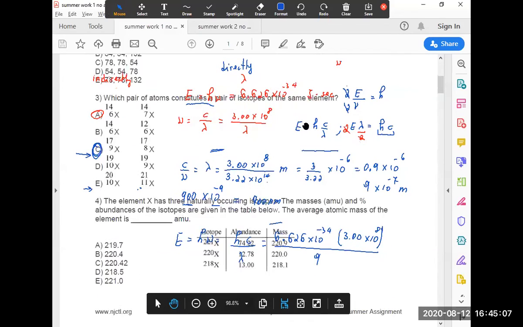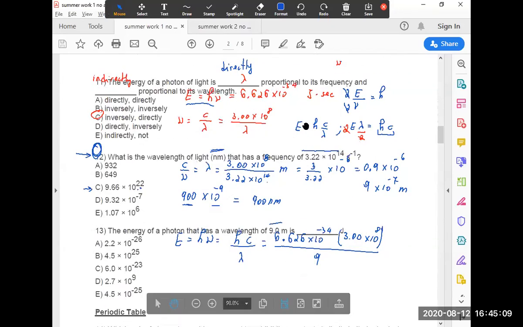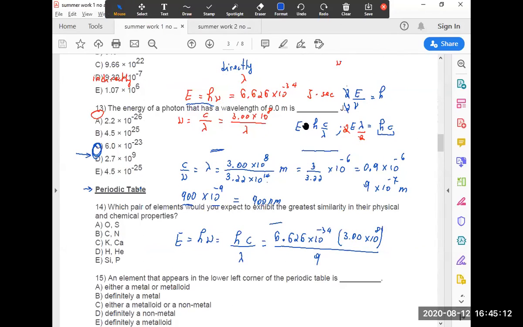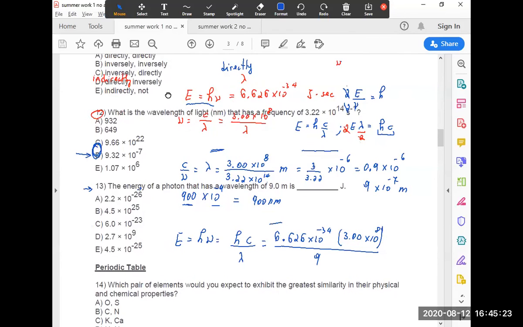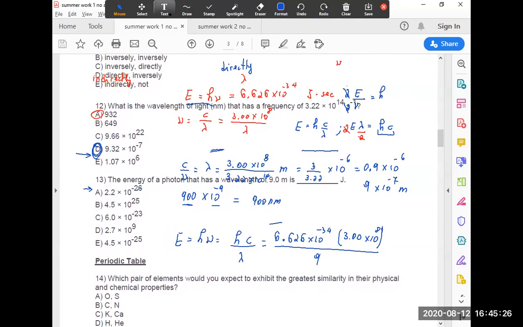No calculator permitted, right? Okay, so let's see what happens. Without a calculator, what can we say? Well, we have a 6.6, we have a 3 and a 9. First of all, we can simplify the 3 and the 9, so we can have a 3 here.